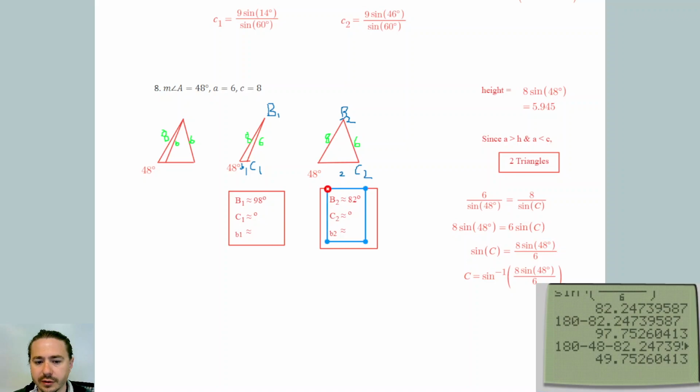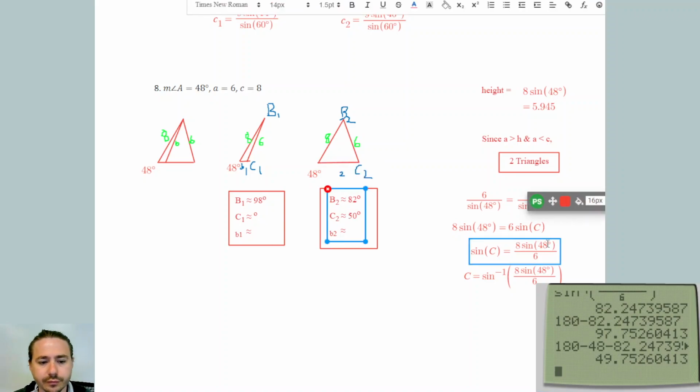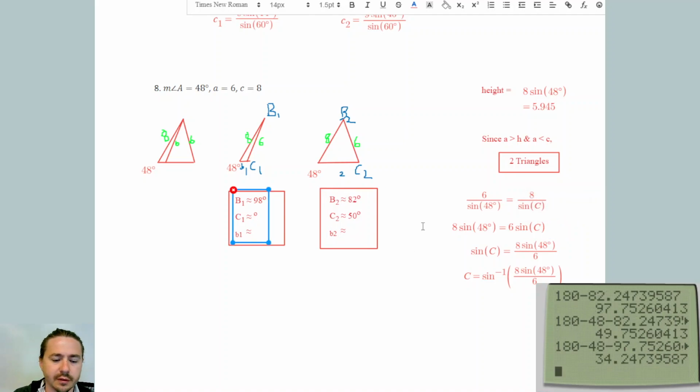And so I get about 50 degrees. For the other triangle, I'm going to have 180 minus 48 minus that approximately 98 number. Oops, left an 8 out. And so I get about 34 degrees. Okay, so now I've got all my angles.